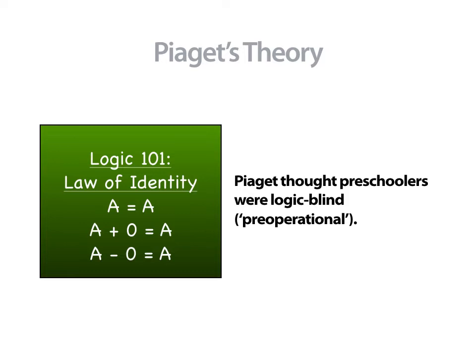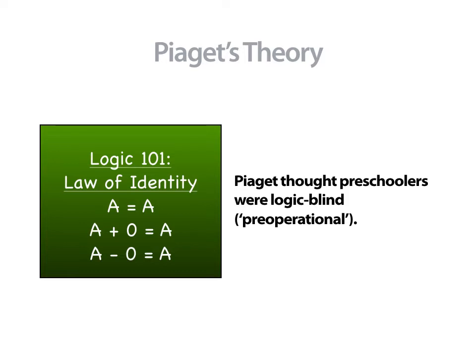If A is A, then A is not not A. And therefore, you have to avoid contradictions in order to preserve the truth that A is A. This has another implication, which is that if you have A and you don't add anything to it, it's still A. And if you have A and you don't take anything away from it, it's still A. A is A. And that kind of thinking, Piaget thought, was way outside the capacity of preschoolers, that they were effectively logic blind, or what he called pre-operational, until they were able to do this with at least concrete objects.